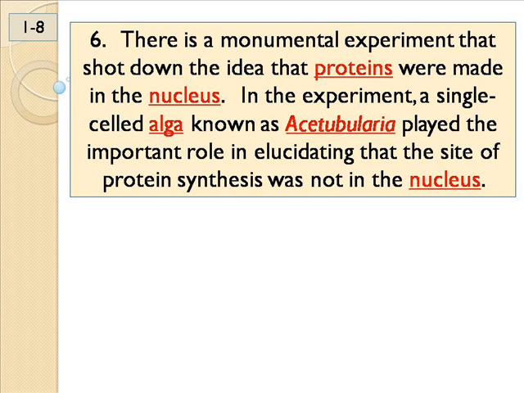Well, there's something I'm going to tell you about that you might know. One of the most famous experiments ever conducted clearly showed the nucleus does not make proteins. Because if you remove the nucleus and it made proteins, then would you think protein production would stop? You would think it would stop.